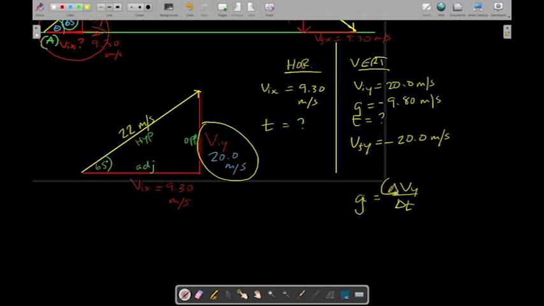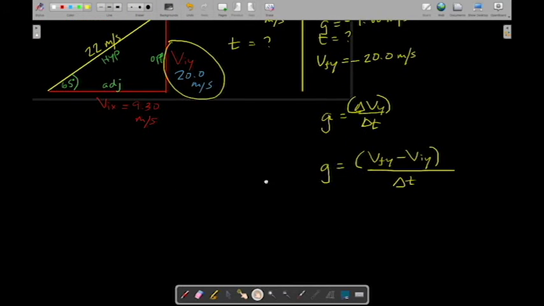The change in velocity can be broken down into smaller components: velocity final y subtracted by velocity initial y, both of which we have in our data sets. I'm going to carry down the rest of the equation. Now our equation looks like this, and we can begin our math.